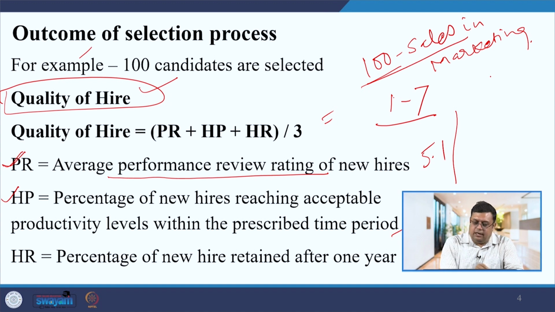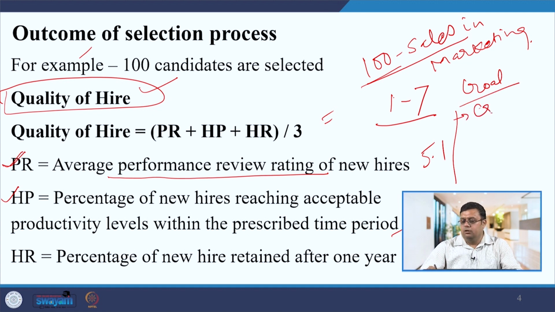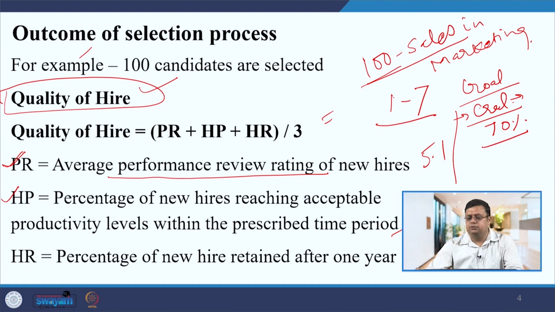During goal setting, which we will learn in performance management, each employee is given a goal. For each goal we have decided new hires should be able to achieve 70% of their goal in the first year at minimum.